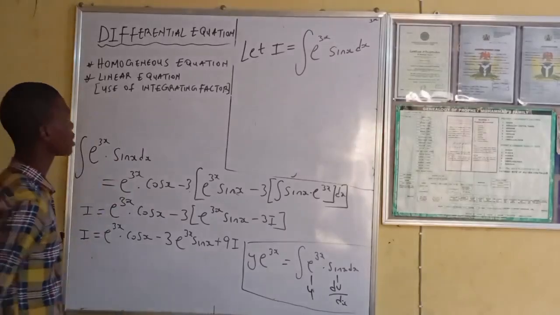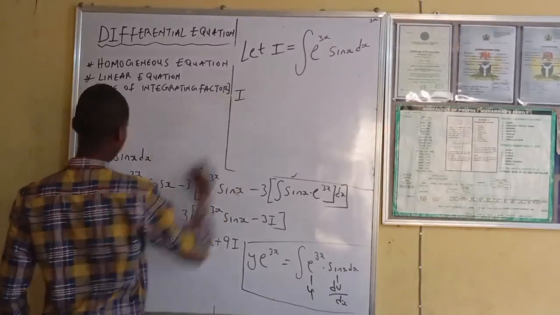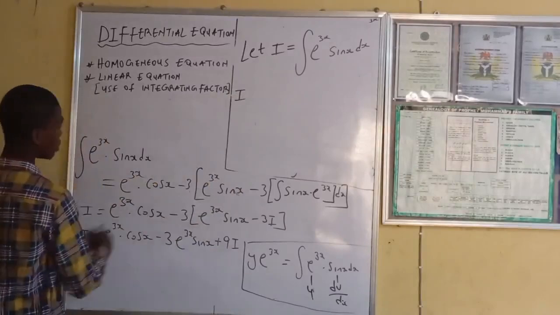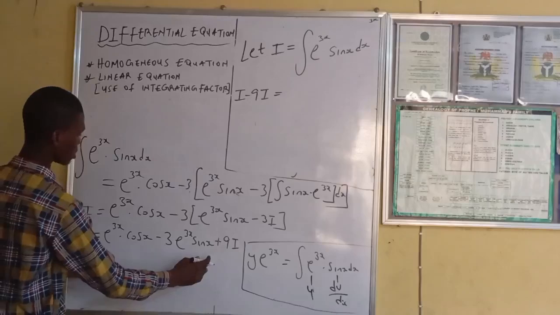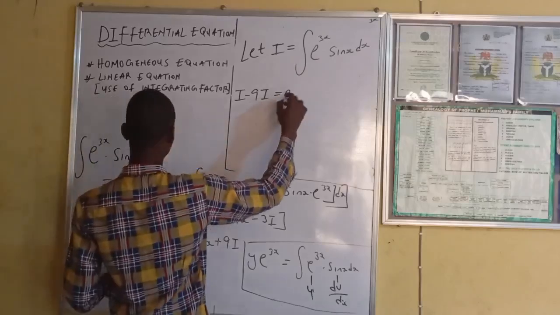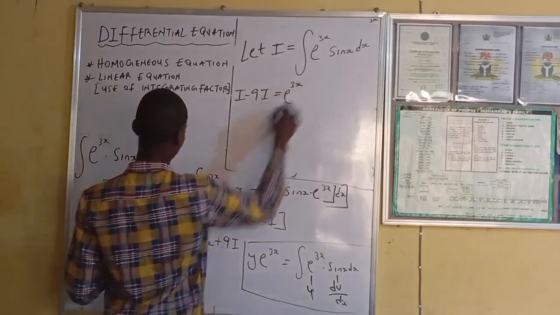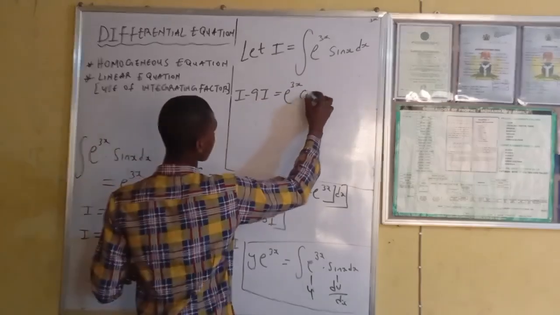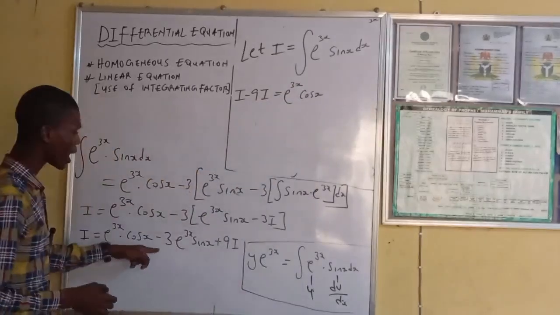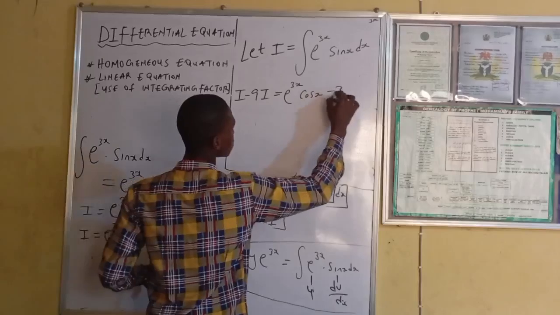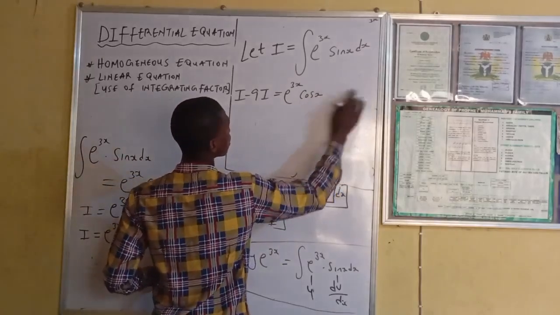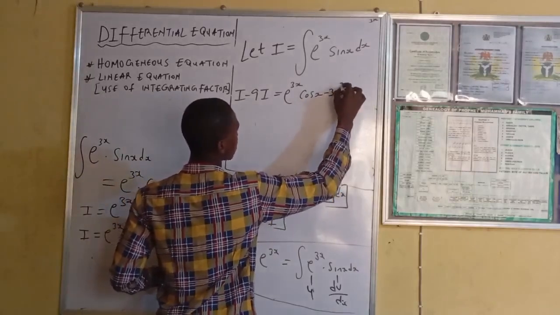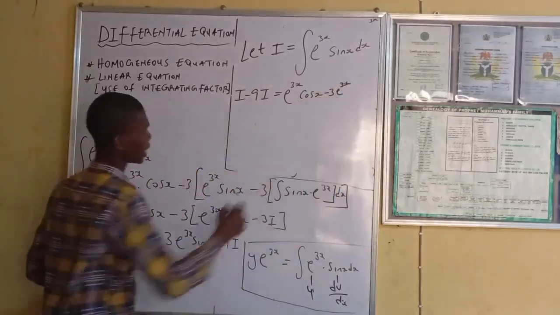By the time you collect like terms, it means that this 9i will come here, I minus 9i equals to, this one still remains here, equals exponential 3x cos x, right, minus 3 exponential 3x sin x.